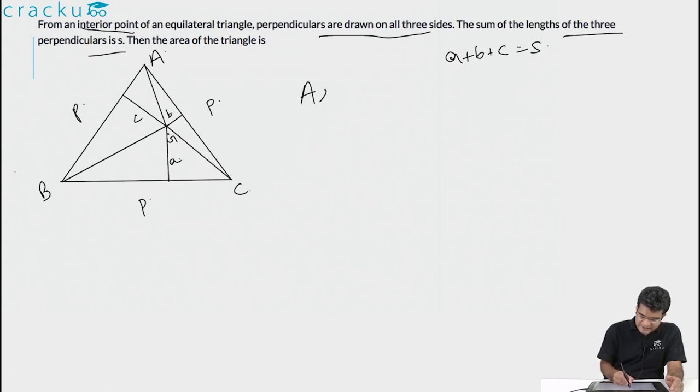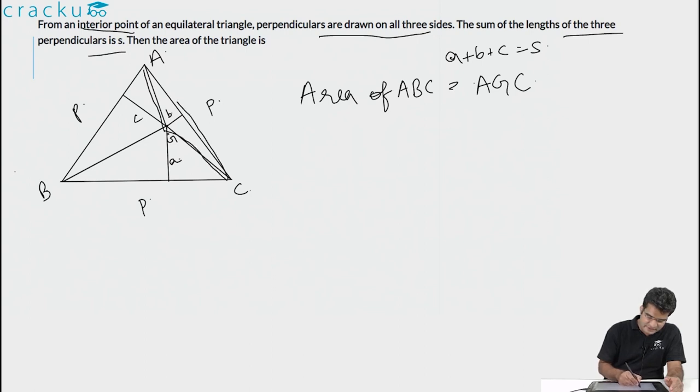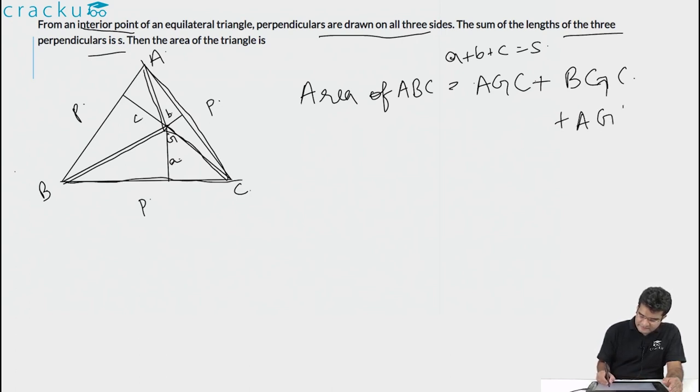The area of the triangle ABC is the sum of the areas of AGC, that is this triangle, plus BGC, that is this triangle, and AGB, that is this triangle. That is the area of the triangle ABC.